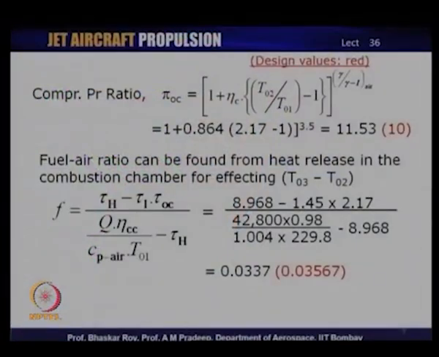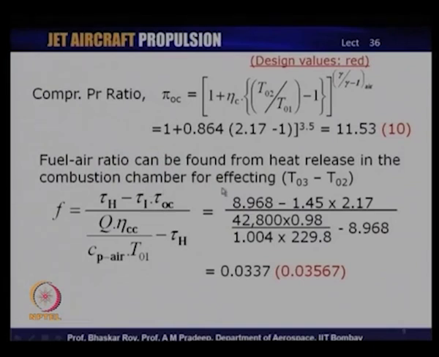At the design point, because of the very high Mach number, the inlet temperature was a little on the higher side, and of course, the compression ratio was lower. Here the inlet temperature is on the lower side, and in the process we are getting a higher compression ratio across the compressor. So, we have an off design point where pressure ratio is higher than the design point pressure ratio. Now, let us look at what happens to the other parameters.